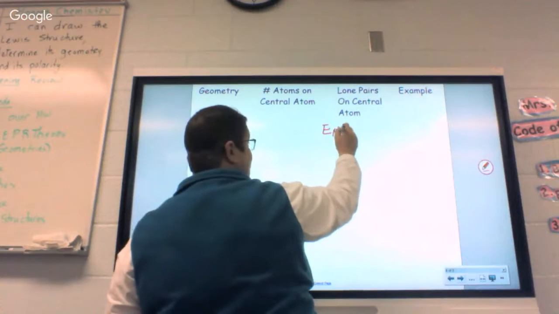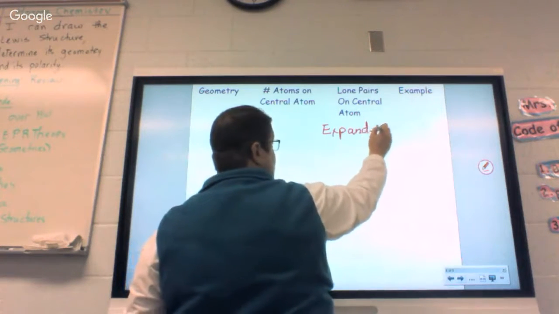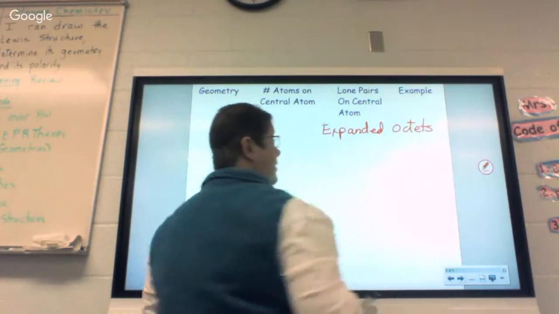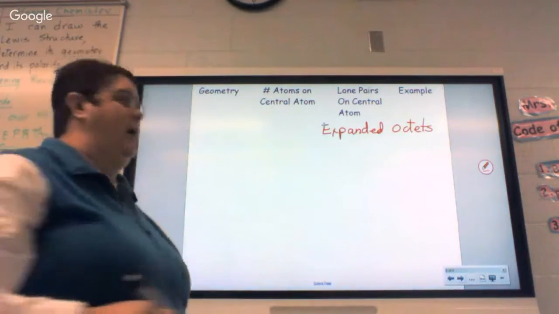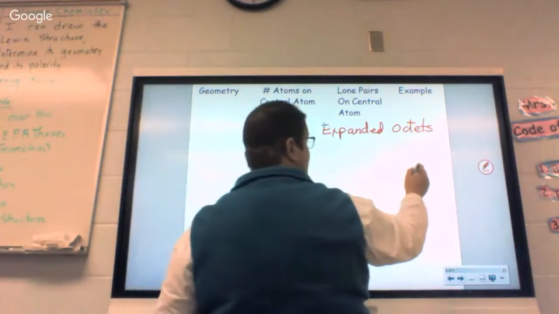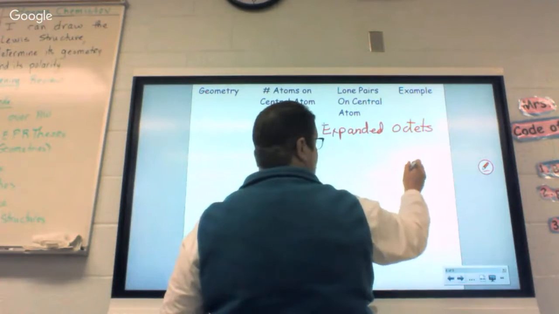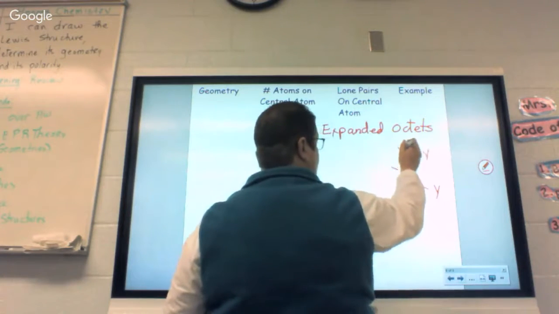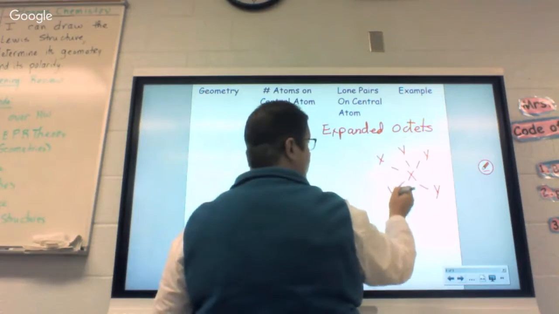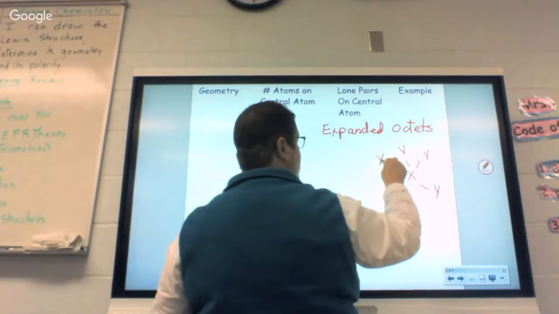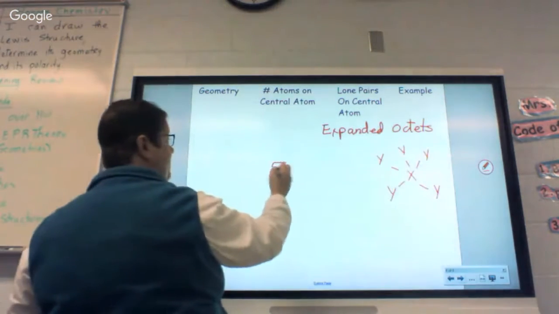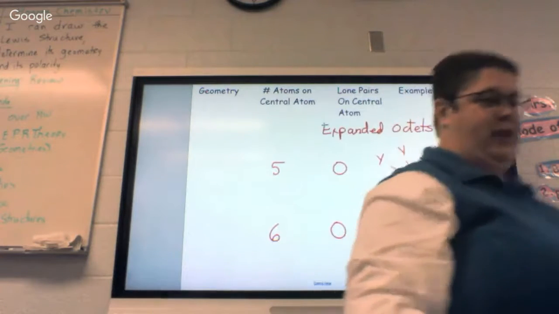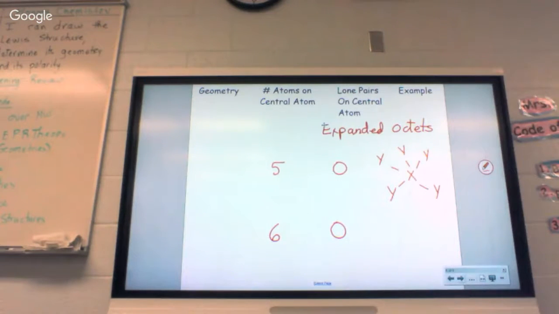They're your expanded octet, I think I labeled it on the sheet. Both of these are going to have more than 8 on the central atom. So if you have something that has 5 coming off of it, 5 and 0, and then 6 and 0, you're going to have these. And I can easily build those.